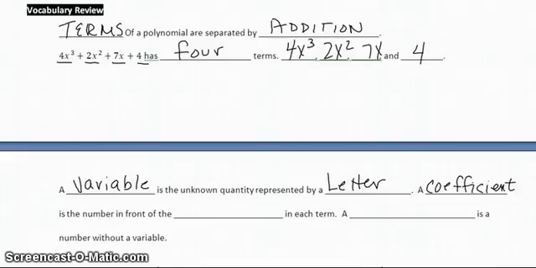It's the number multiplied or in front of that variable of each term. And of course, our constant is a number without the variable. Nothing new here, just a review of some of the terms that we've been working with all along.